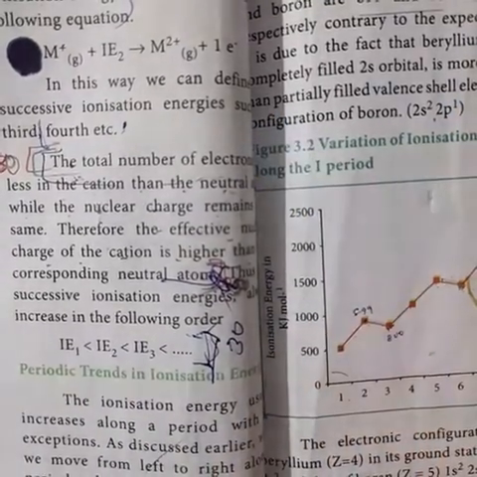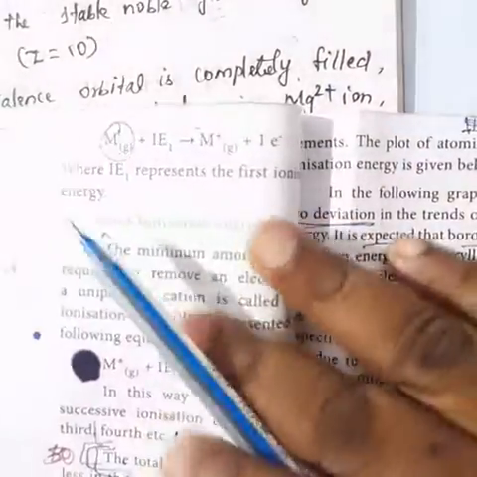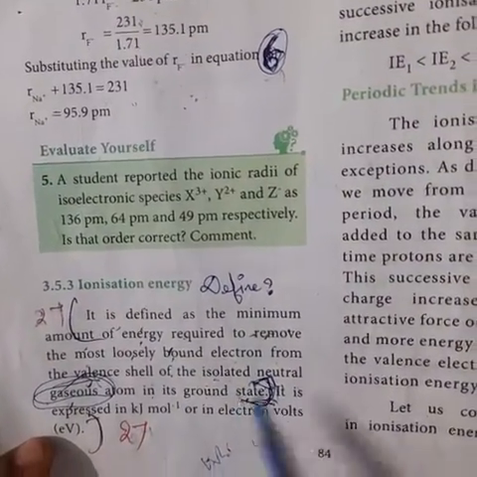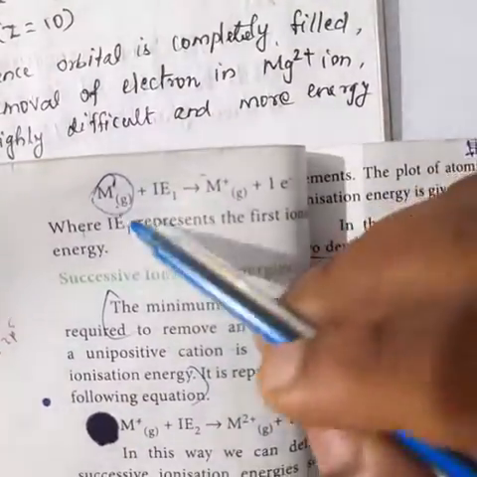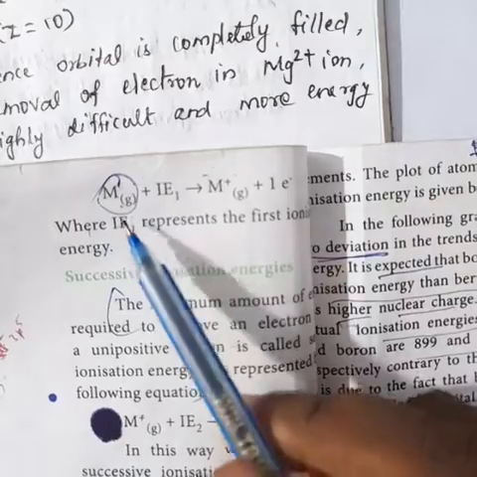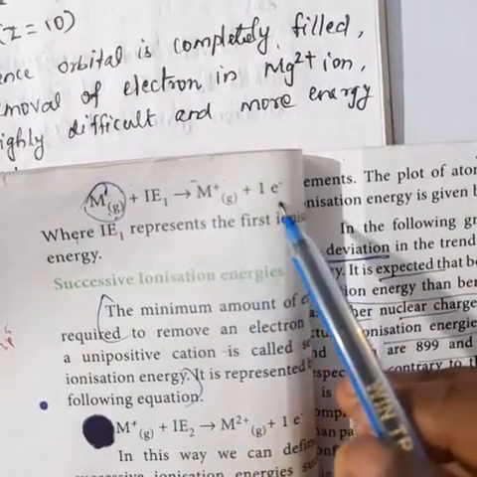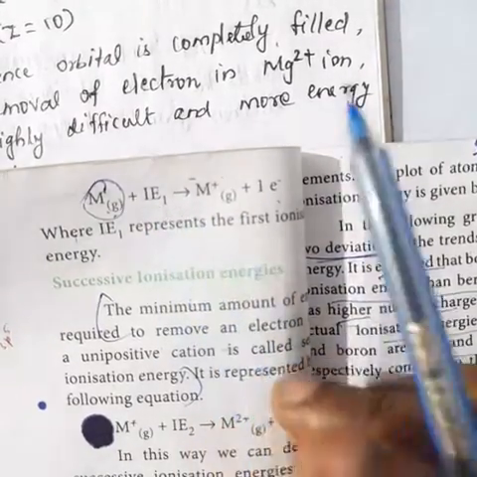Okay, so we know about ionization energy: the minimum amount of energy required to remove the most loosely bound electron from the valence shell of the isolated neutral gaseous atom in its ground state. For example, when an element M removes one electron, that is first ionization energy IE1, and it becomes M plus.